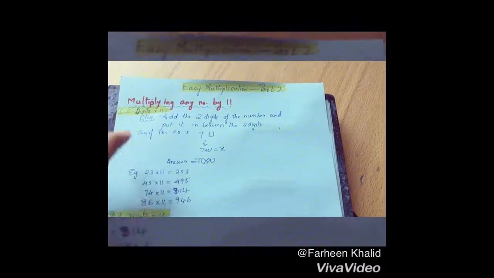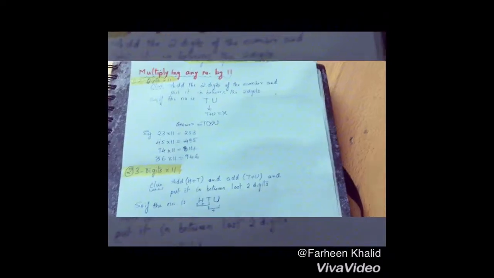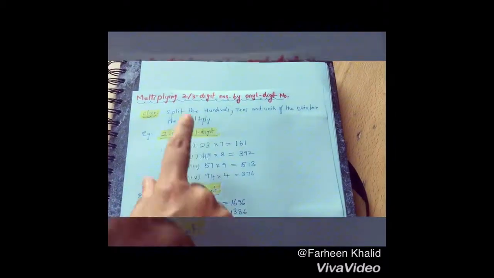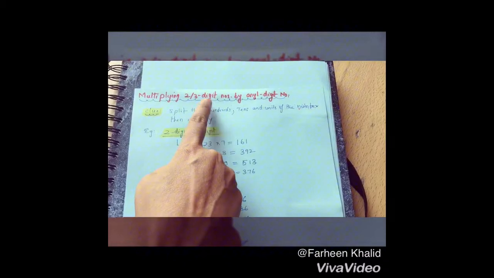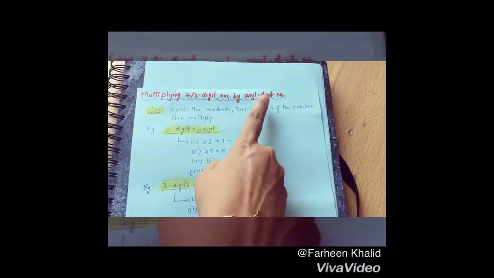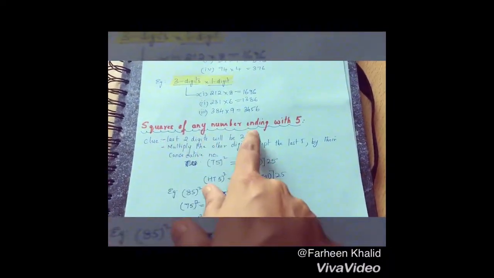It could be a 2-digit number or a 3-digit number. When you have to multiply any number by 11, the trick is quite easy. Then we are going to cover multiplication of a 2 or 3-digit number by any 1-digit number.